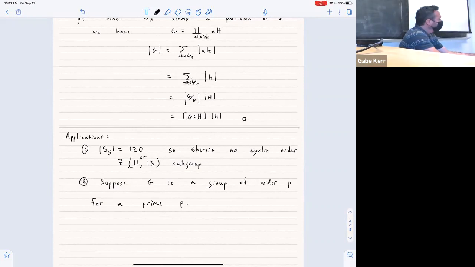How do I find a subgroup of a group? I give you a group, any group I want. I've got all kinds of groups in my head. I give you one group and I say, produce for me a subgroup of that group. Aside from the trivial subgroups, what is one thing you can do to produce a subgroup?